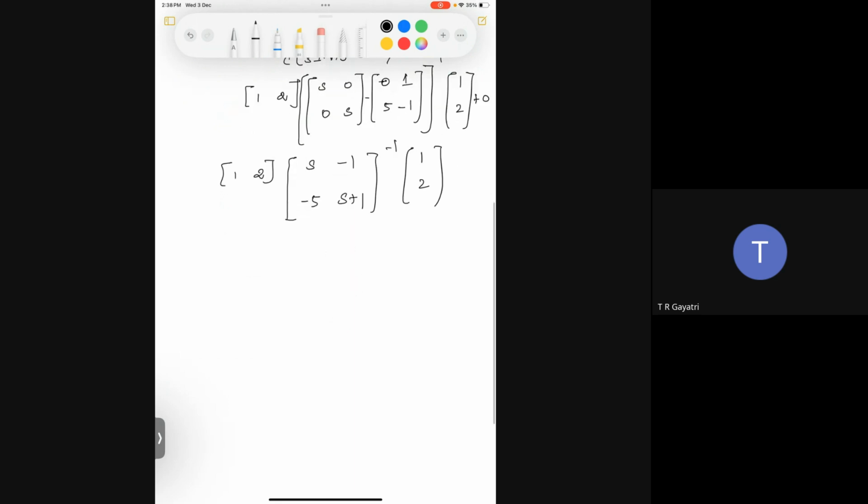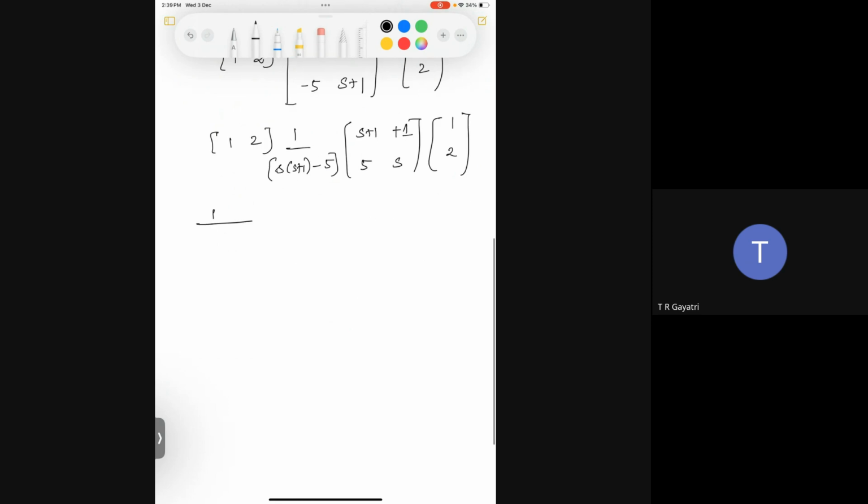If I want to take only the inverse of this, first I would do a determinant. The determinant will give me 1 by s into (s plus 1) minus of (plus 5), right, and then the adjoint I want to take. So plus of 1, plus of 5.